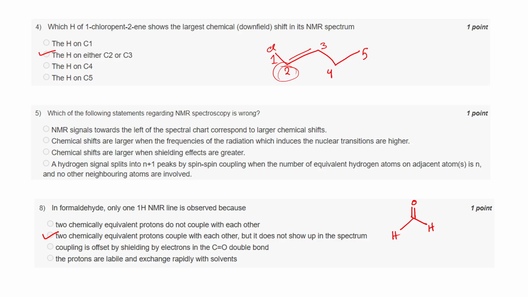Suppose there are two deuteriums on the adjacent atom, two equivalent deuteriums. Then what will happen? I am talking about, suppose, the case of a CD molecule.